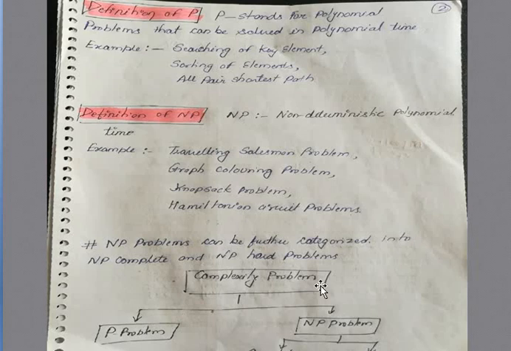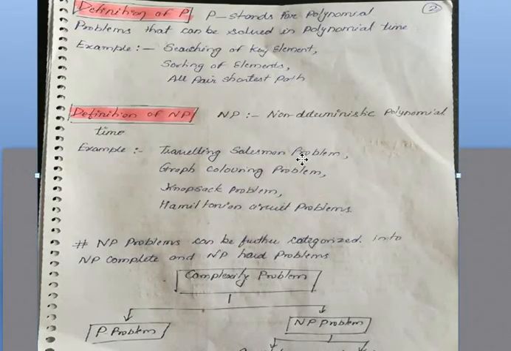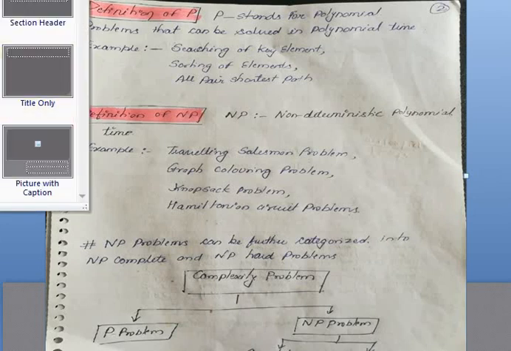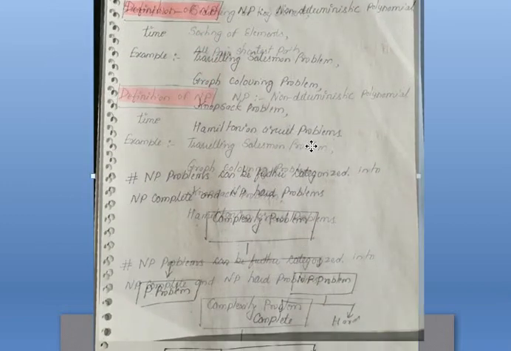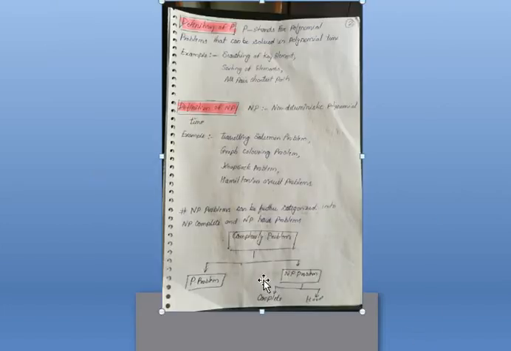So we have the complexity problem, that is the P problem, and the second one is the NP problem, and this NP problem is further classified into the NP complete problem and the NP hard problem.